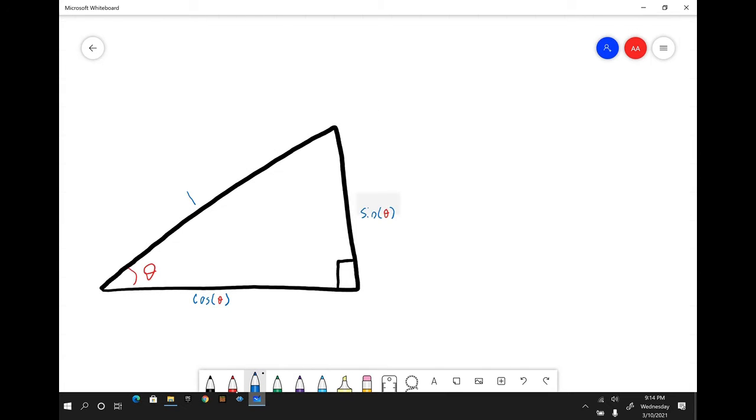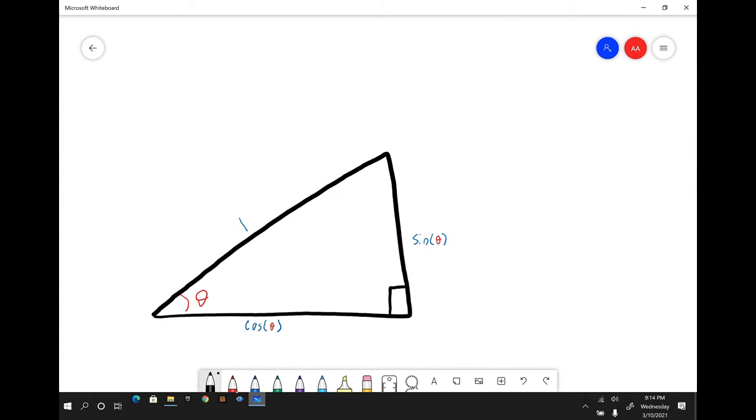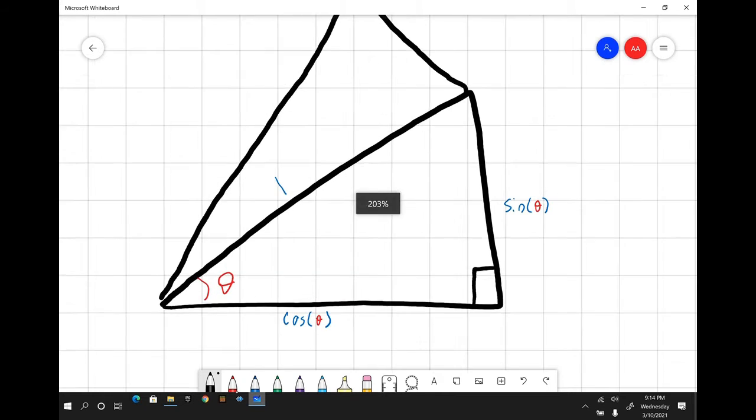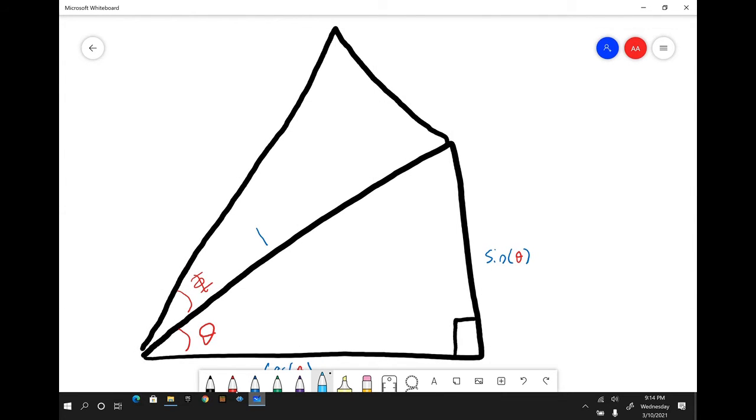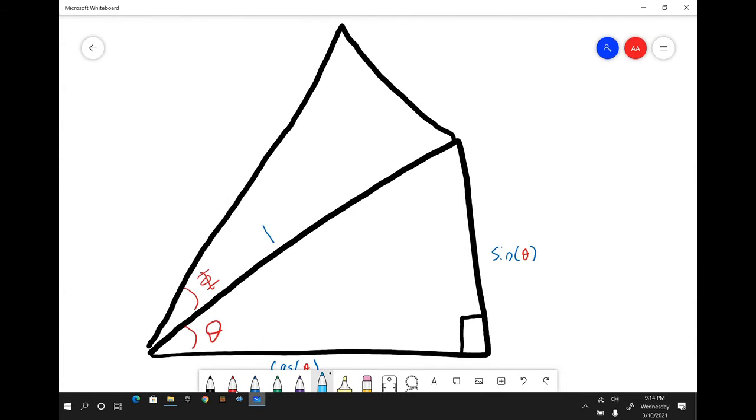I'm also going to redraw the right triangle that had the base being the hypotenuse of this triangle with angle theta. So it's going to look like this. And we'll have our angle phi. And I'm going to redraw our outline of the light blue triangle that had an angle of the sum of theta and phi.